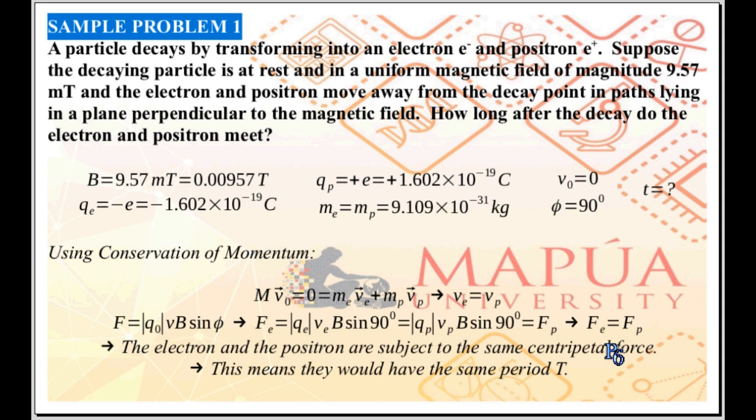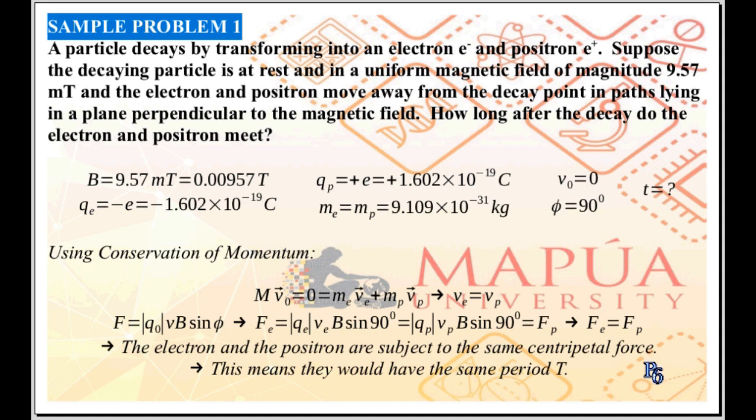Since the magnetic force is acting like the centripetal force, the magnitude of the centripetal force experienced by the electron and that experienced by the positron are equal, meaning the electron and the positron being subject to the same centripetal force, they will undergo basically the same circular path.